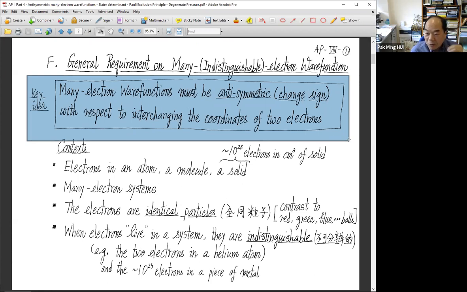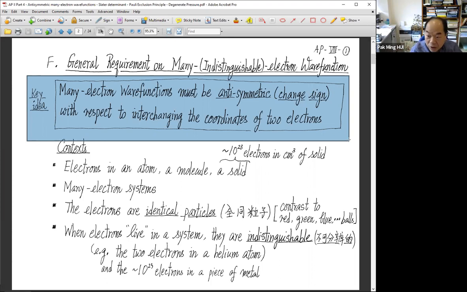The practical meaning is that it must change a sign. Negative to positive, positive to negative, change a sign, means antisymmetric, with respect to interchanging the coordinates of 2 electrons in the atom.